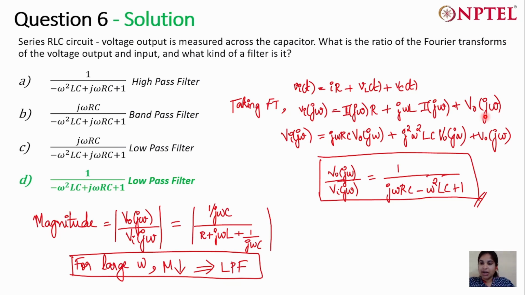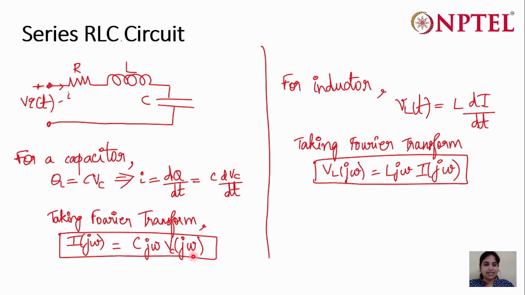Now, what we are doing here is writing I of j omega in terms of this V naught of j omega. What we saw here, for capacitance, I of j omega is equal to j omega C into Vc of j omega.